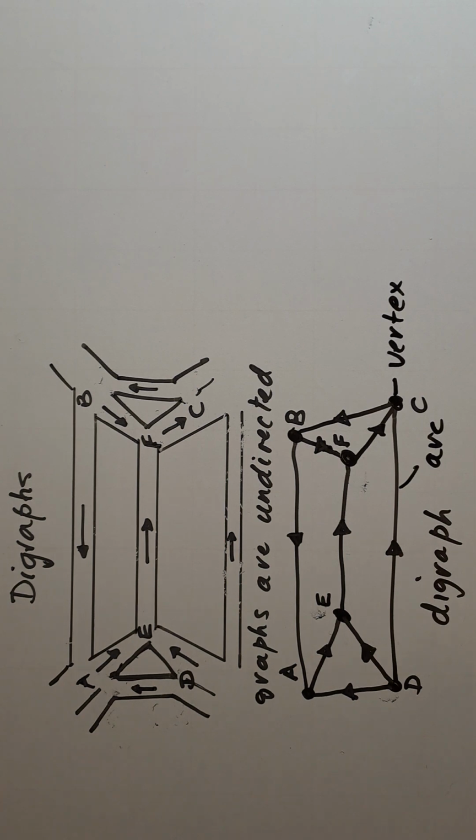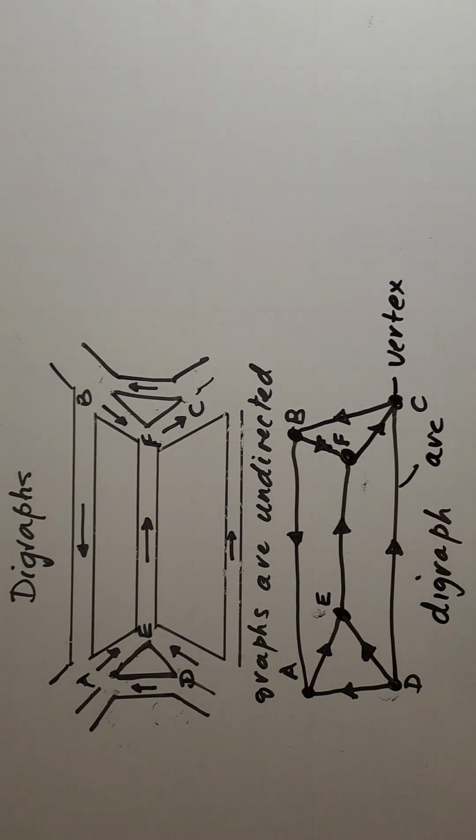Different from a graph, which has edges, in a digraph, which is the abbreviation of directed graph, we have an arc. So it has direction.